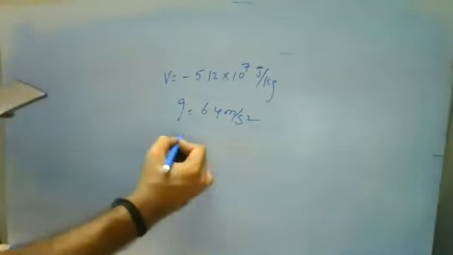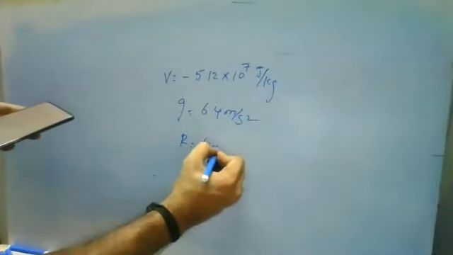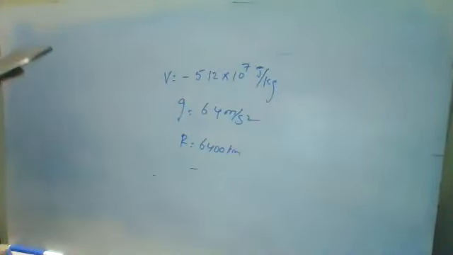Assuming the radius R is equal to 6,400 kilometers, calculate the height of the point above the Earth's surface. We need to find the height above the Earth's surface.